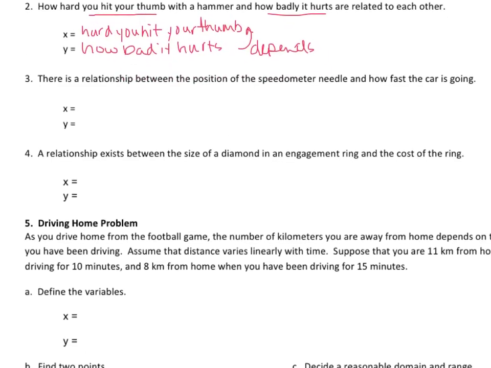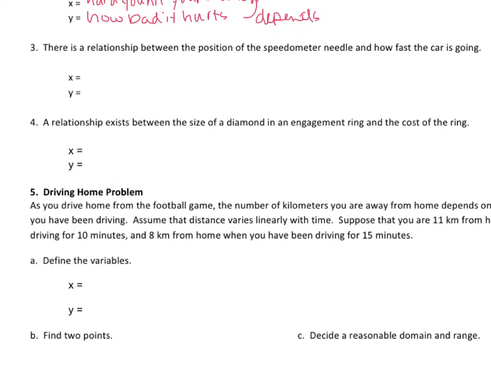It says there's a relationship between the position of the speedometer needle and how fast the car is going. Okay, so how fast the car is going to be your x value.